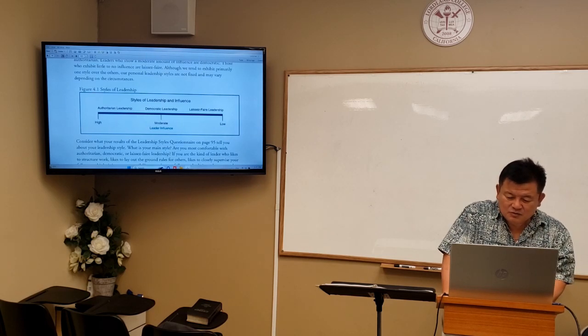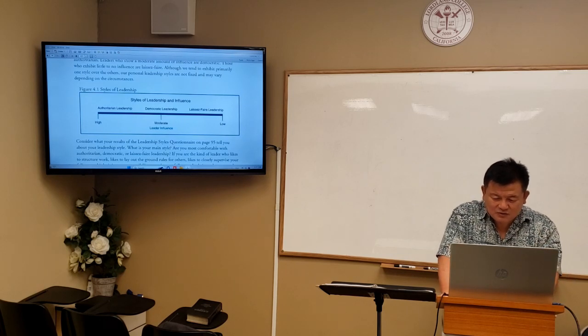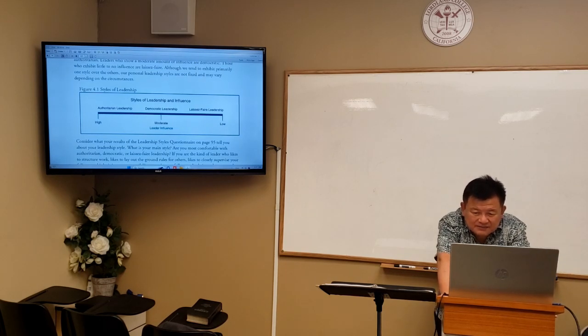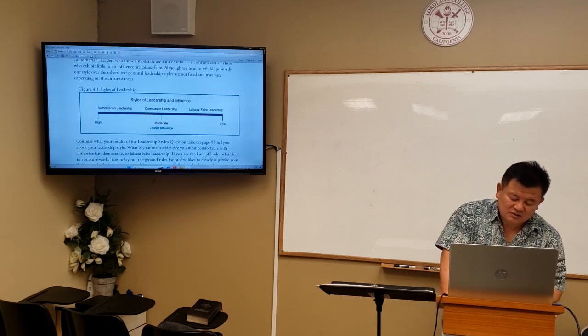The moderate leadership influence is mixed in the democratic leadership style. But in the laissez-faire leadership style, influence is very low, because they mix theory X and theory Y. It means people dislike work, or people like work, or are self-controlled, or need to be controlled, or self-guided, or need no guidelines, something like that.